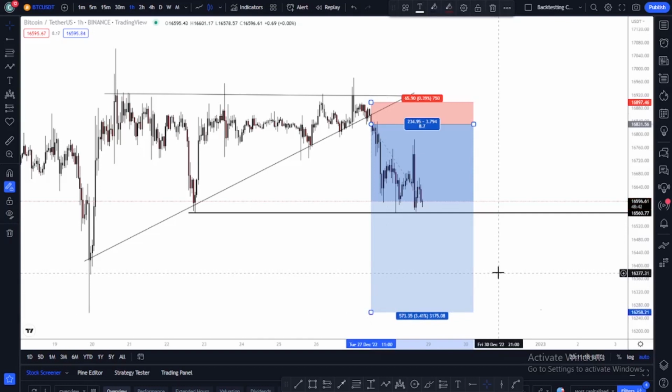Good. All I need you all to do is to go back in time and try to use this strategy to backtest BTC USD to see the outcome. Bro, I've used this strategy to catch over 1,500 pips in just one trade, man.